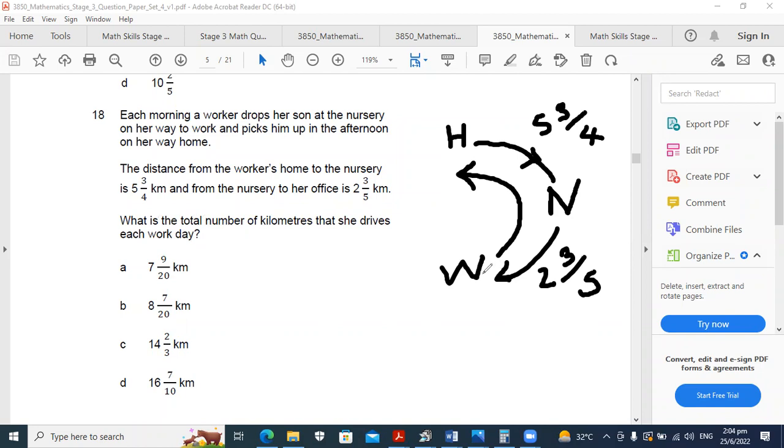It's from the office back to the nursery and then back home. And everything is actually in this first statement here, the definition of her driving to work each day. So what is the total number of kilometers that she drives each work day?